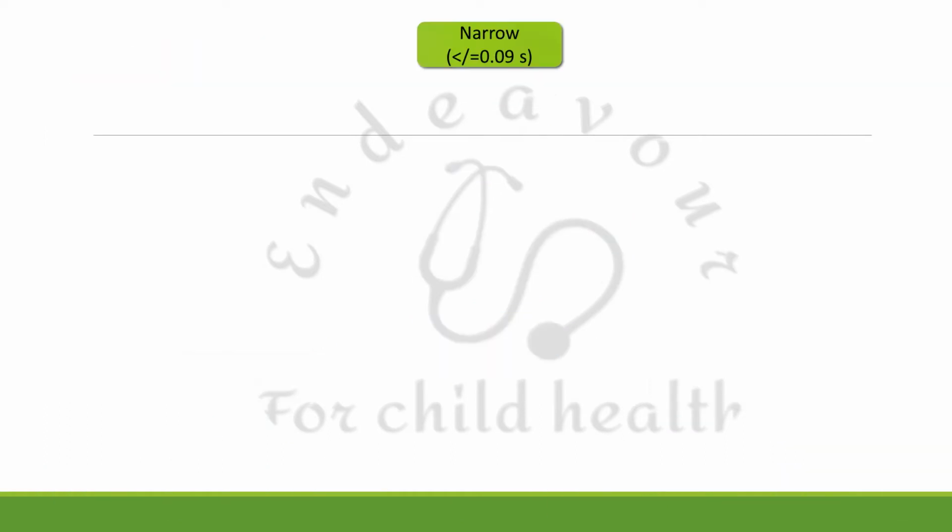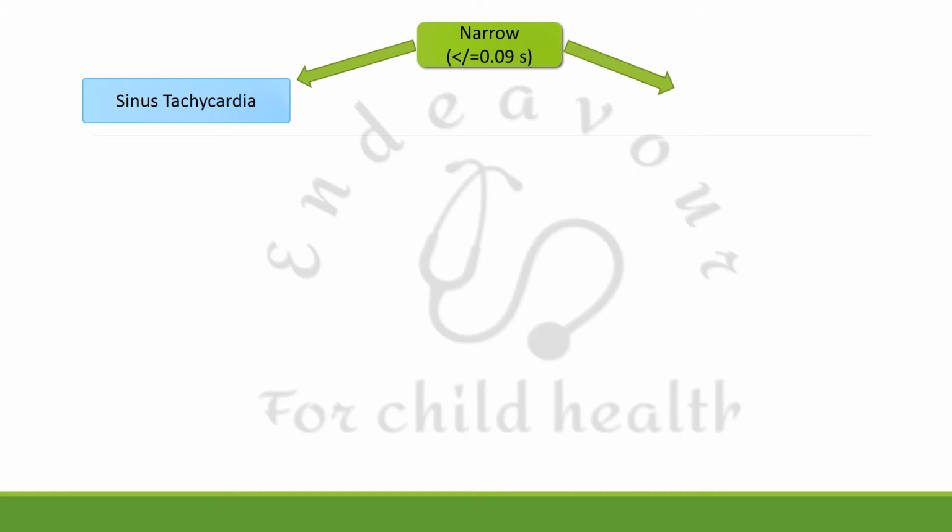So if it is a narrow QRS complex tachycardia, that is QRS duration less than or equal to 0.09 seconds, then it can be a sinus tachycardia or it can be a supraventricular tachycardia, which we had seen in the previous flowchart. Now, how do you differentiate whether it is sinus or supraventricular tachycardia, since both are atrial tachycardias?